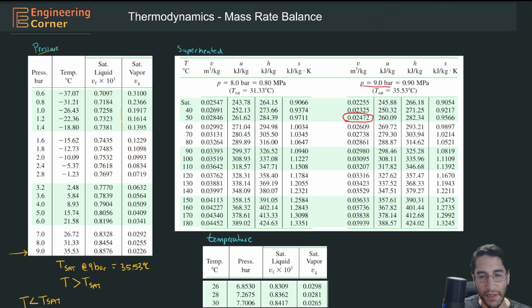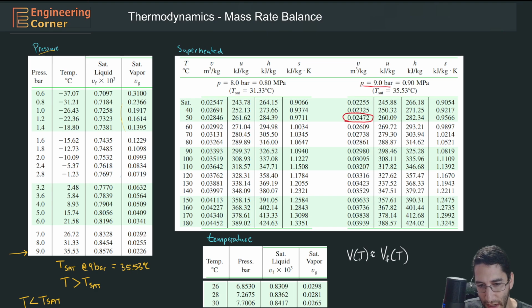So I'm in the compressed region. Well, what the compressed region says, I don't have a compressed table for R134A. So it tells me that I do have an approximation that my volume at some temperature is going to be approximately equal to the saturated fluid at that temperature.